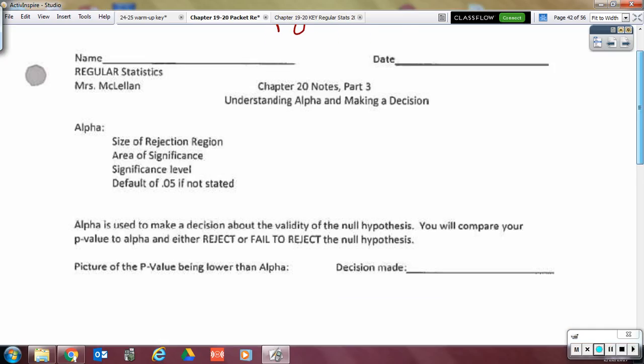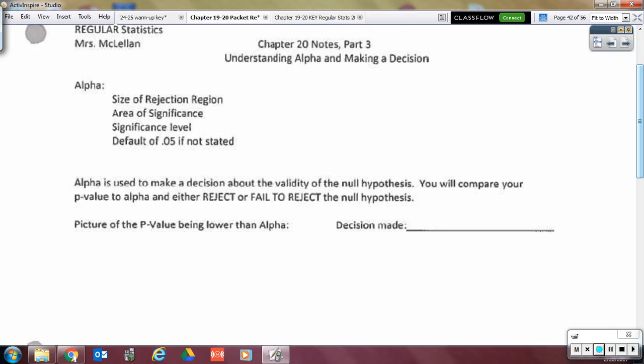All right, so let's review some. Remember that our alpha, which is drawn like that, is the size of your rejection region. It will also be told to you in word problems. It'll say it's the area of significance.